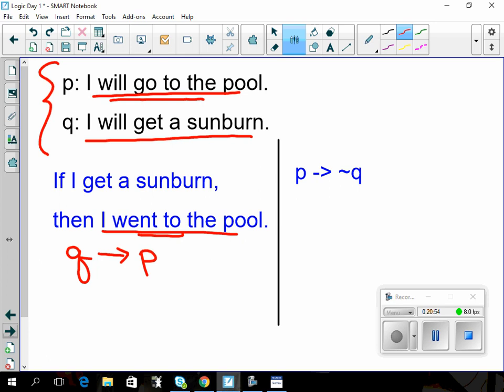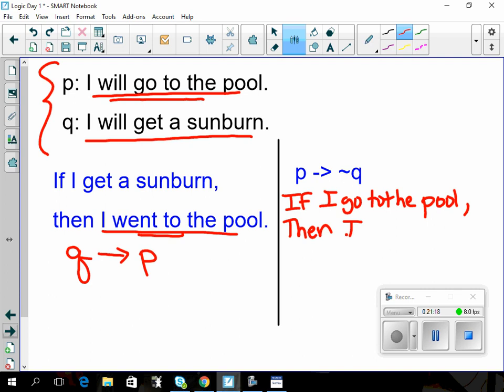Alright. Let's try putting it in words if we have the symbols. Again, we have an arrow, so doesn't that mean I'm going to be doing an if-then statement? If what? What does P say? If I go to the pool, and that little tilde means not, right?